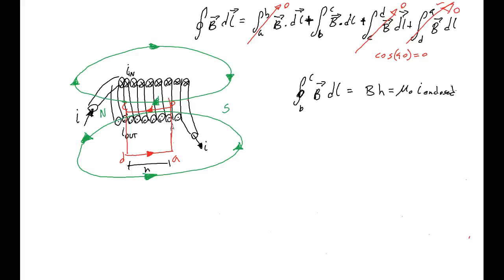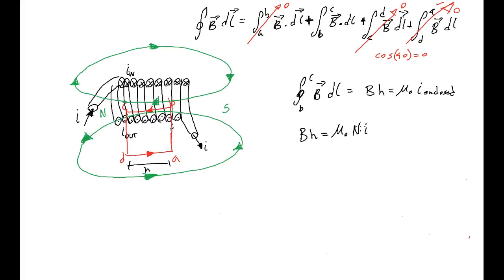So we're going to have B times H equal to mu sub 0 times N times I, where I is the amount of current flowing into the loop, and N is the number of enclosed loops.